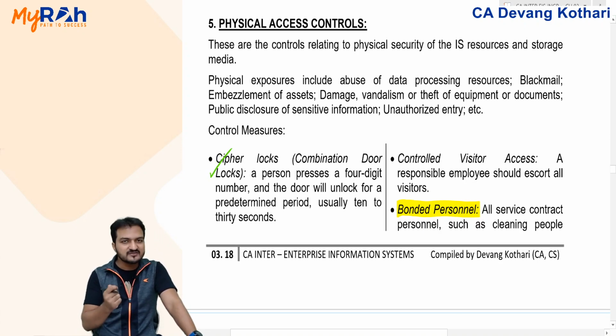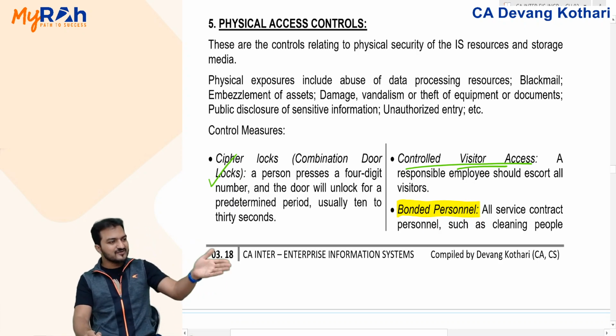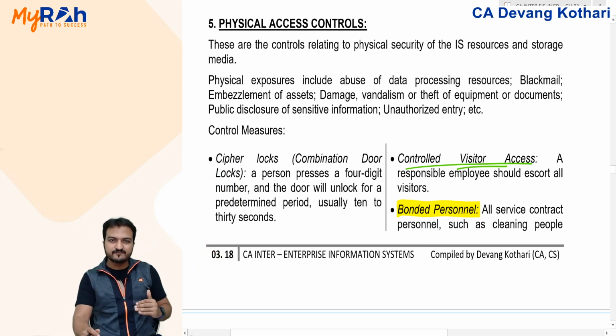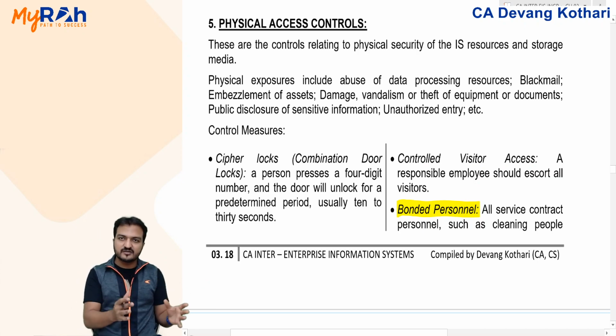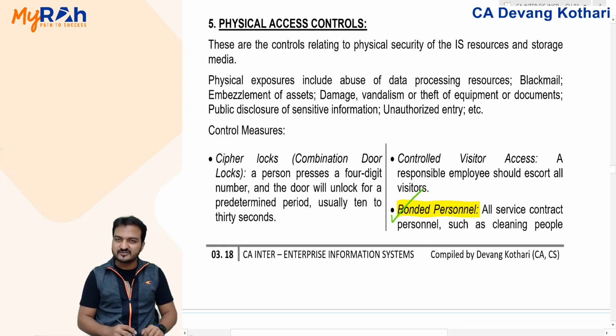It is basically a type of lock where a 4-digit combination can unlock the lock. Controlled visitor access: whenever a visitor enters my office, the security guard will take all his details and give him a visitor pass. Any person is not allowed to visit my office freely.